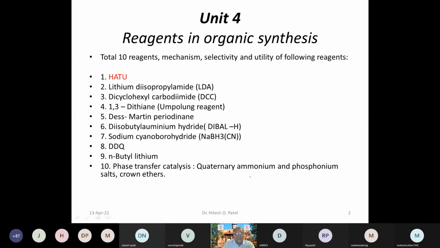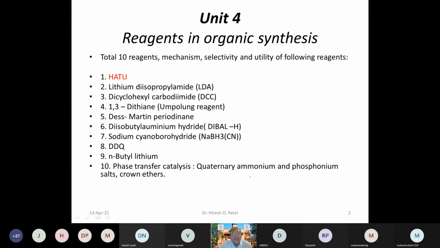So many things we will discuss in semester 2, and whatever topics or reagents we discuss, all of them are important in industry as well as in the NET exam or the SLAT exam. So here we have taken selected reagents, but if you go by Google search, you will find many reagents for organic synthesis.